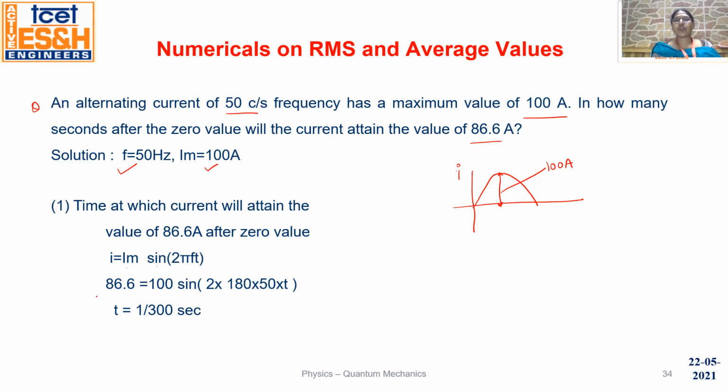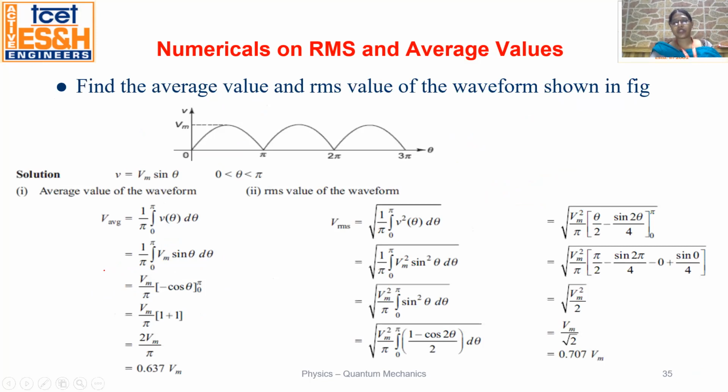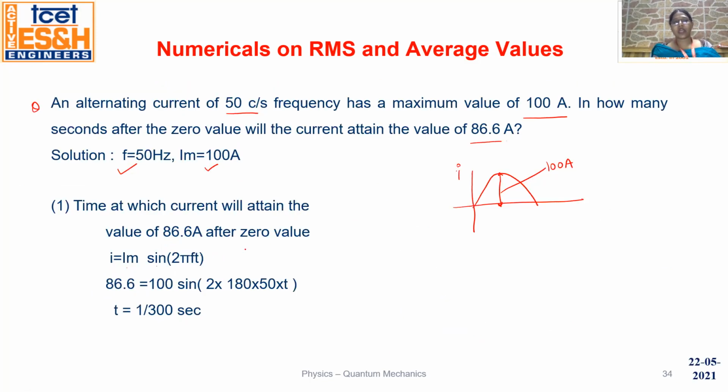In place of I, what value do you require at a particular instant of time? 86.6, equal to Im, the value of Im is 100, multiplied by sine 2 pi ft. So you have to write here 2 pi ft. Now from here you find the value of t. So this is 1 by 300 second.